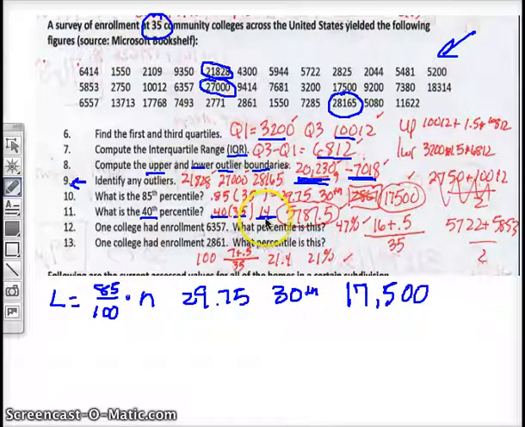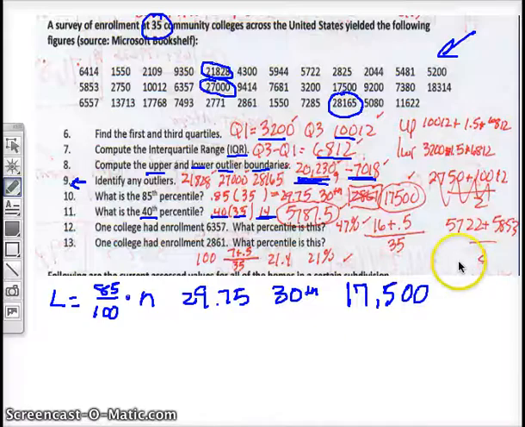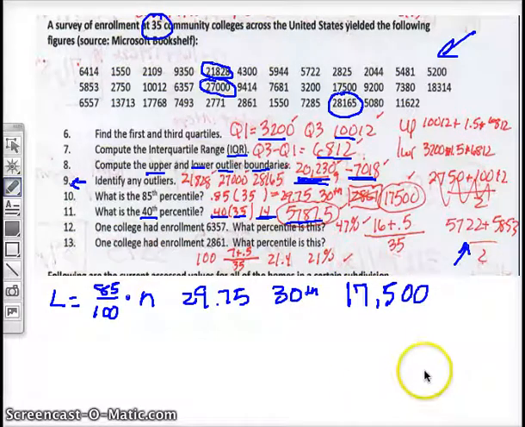So remember, you take the 14th number and the 15th number, add them, divide by 2. Here you have the 14th and the 15th number. You're going to average these two numbers together. When I do that, I get the number 5787.5.